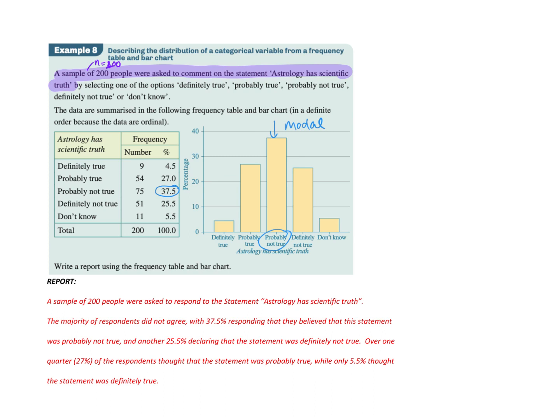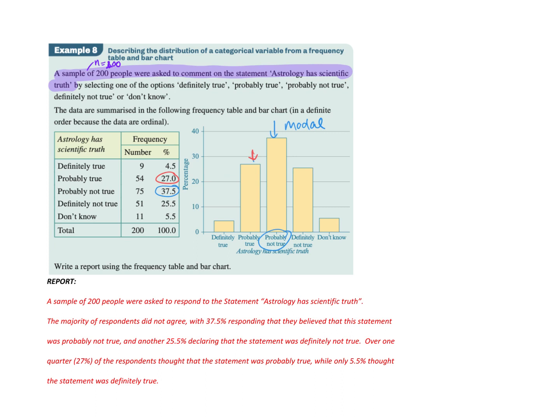And then we followed by the next two, which were, we've got these two. So then we had second was probably true, and then we had, so we could go on.